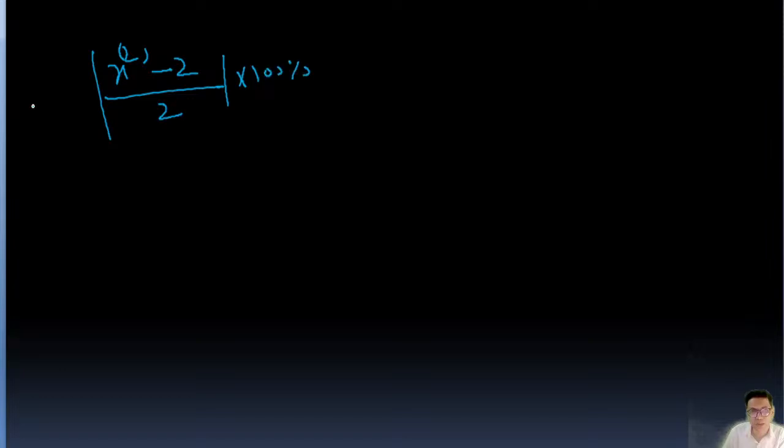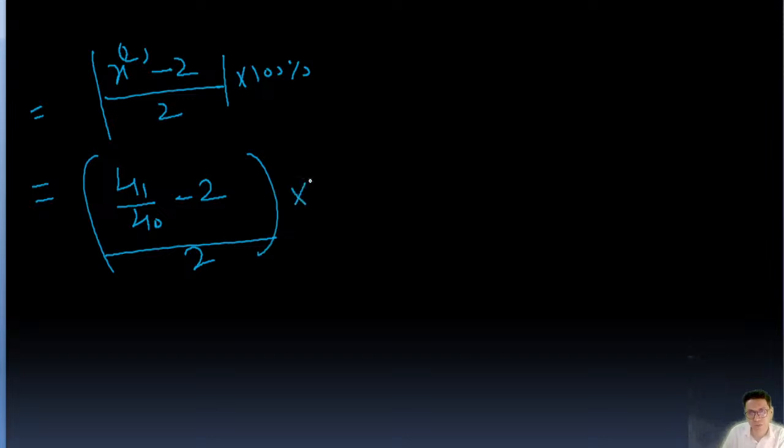That we need to find. So x2 value we know is 41 upon 20. We will write 41 upon 20 minus 2 upon 2 into 100%, right? So we'll solve it.